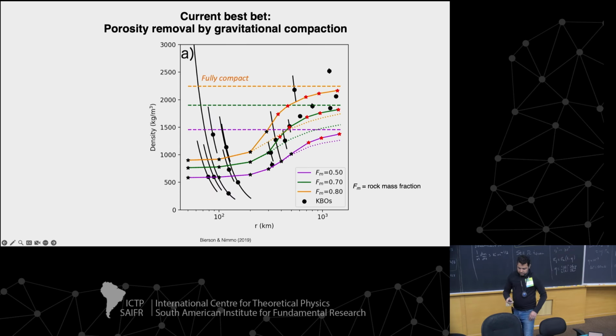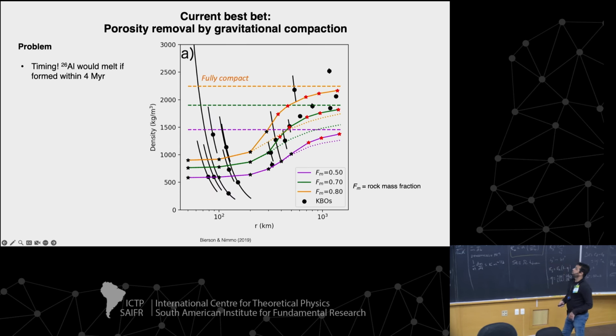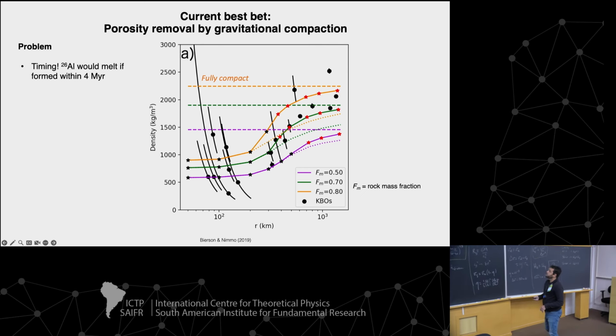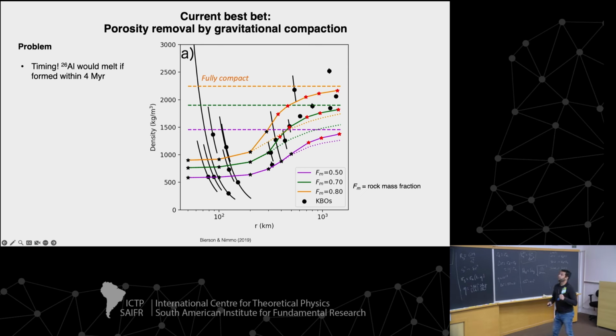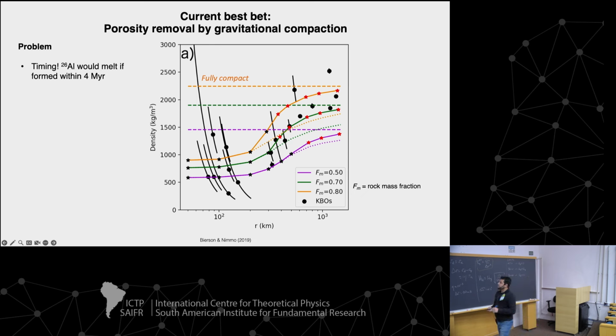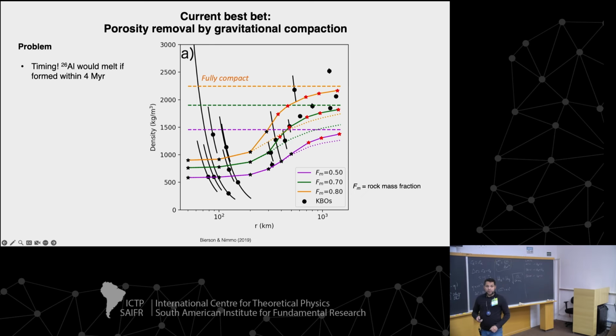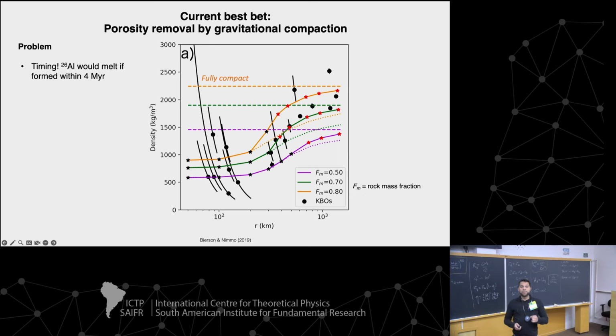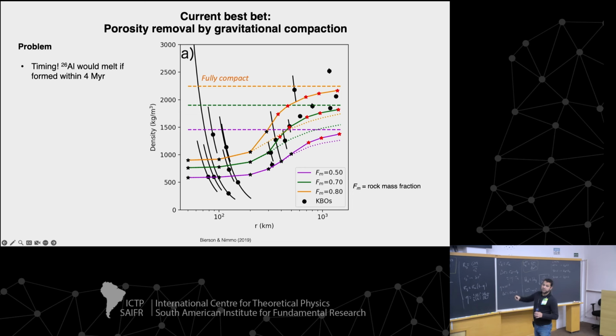One of the main ideas, I would say, the current best bet here, is that indeed these objects are porous, but you remove it through gravitational compaction. That means that as you grow in mass, the gravity by itself will compact these objects.